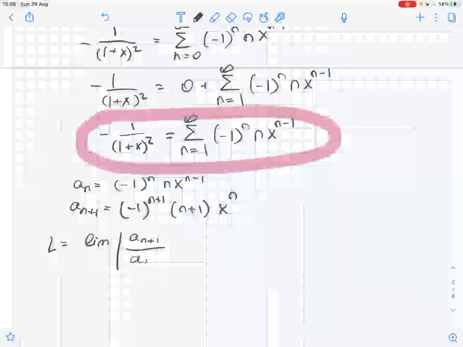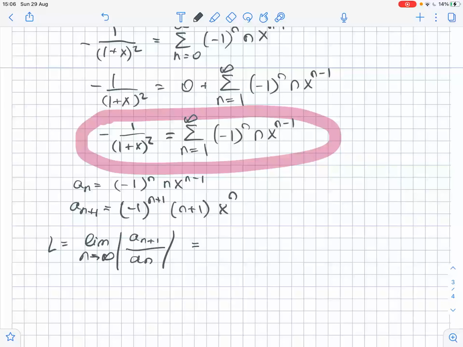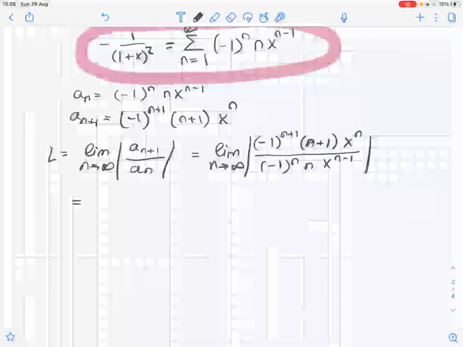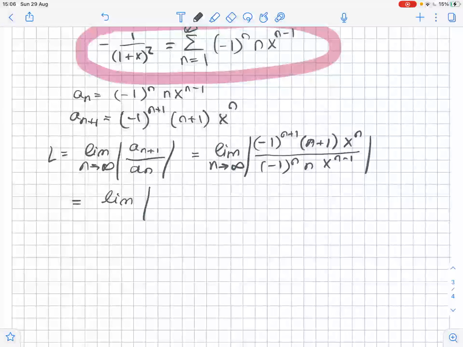Then L equals the limit of the absolute value of a_(n+1) over a_n, where n approaches infinity, and this equals the limit of the absolute value of negative 1 to the power of n plus 1 times n plus 1 times x to the power of n over negative 1 to the power of n times n times x to the power of n minus 1, where n approaches infinity.